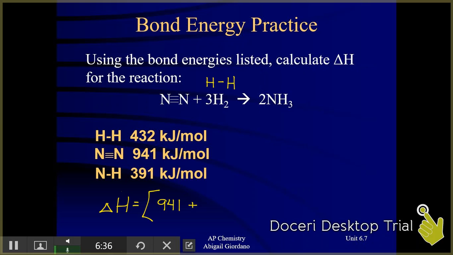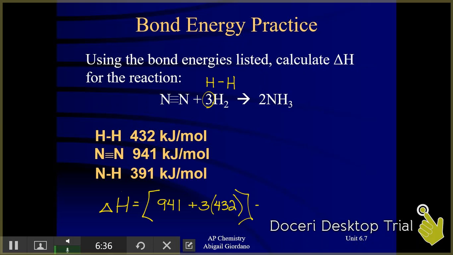It's a hydrogen to hydrogen bond, and there are 3 of them. So I'm going to do this. 3 times 432, and then I'm going to close the bracket, meaning that is all of the bonds that are being broken.